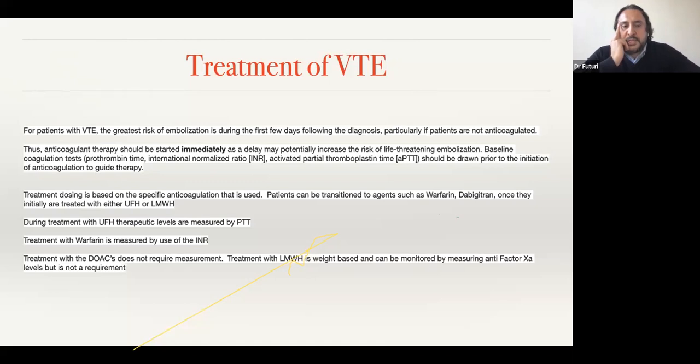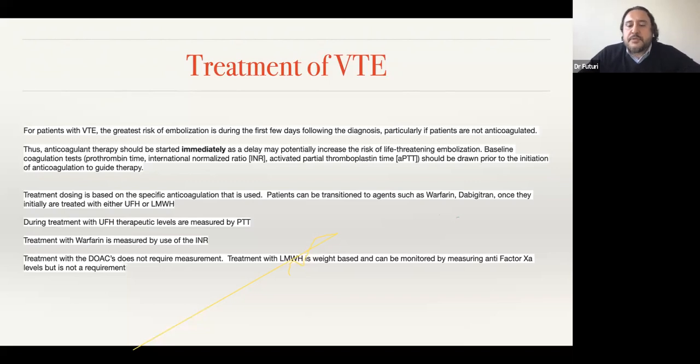Treatment with things such as low molecular weight heparin is usually weight-based, usually 1 milligram per kilogram twice daily, or 1.5 milligrams per kilogram daily. And when you're using treatments like warfarin or dabigatran, these patients have to be bridged, usually with 5 days of some type of parenteral treatment. Whereas, as discussed earlier, the new oral anticoagulants do not require this.